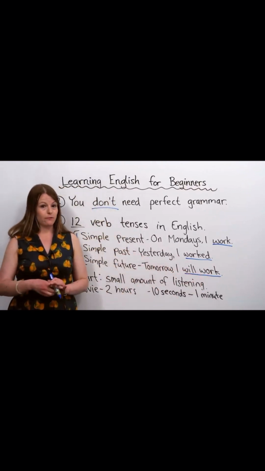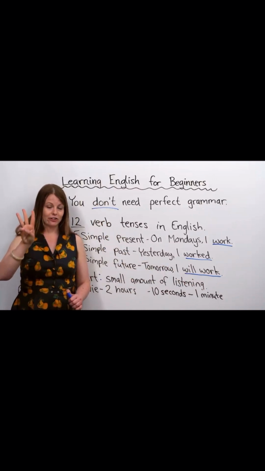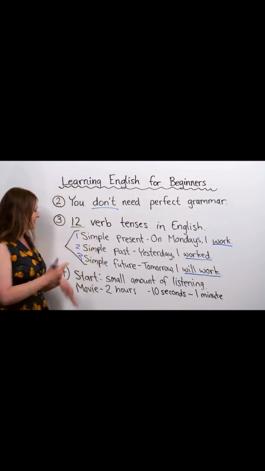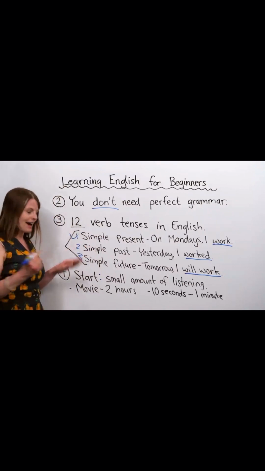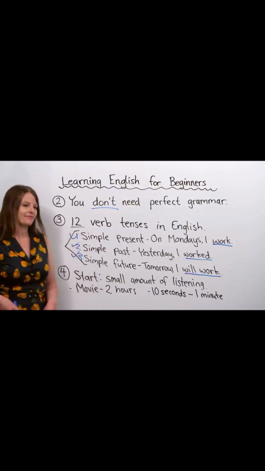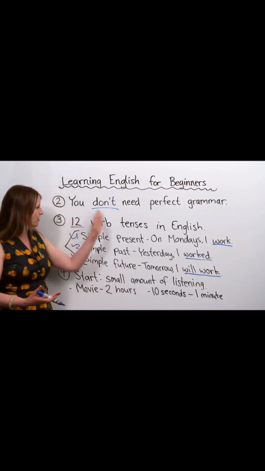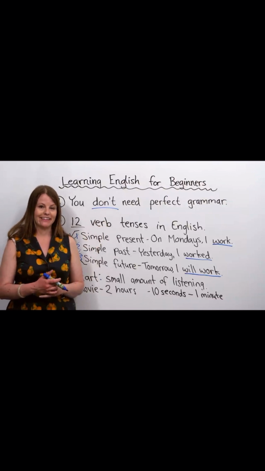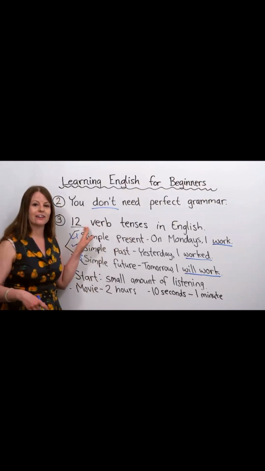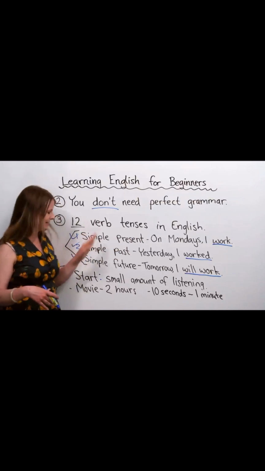So the first three verb tenses to learn: the simple present, check. The simple past, check. Simple future, check. And then you can learn the other verb tenses in English. So first these three, then the other 9 tenses.